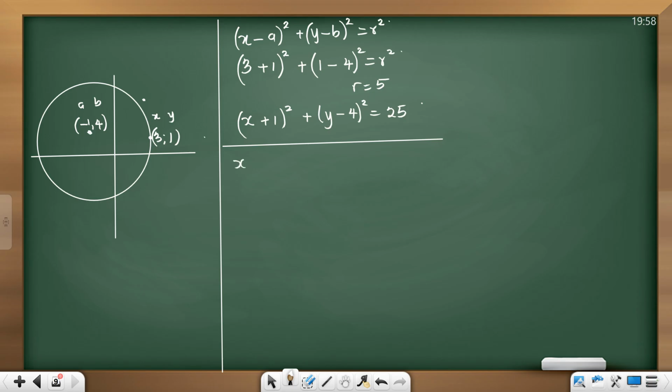So you have x squared plus 2x plus 1, y squared minus 8y plus 16, minus 25 equals 0. So x squared plus 2x plus y squared minus 8y, 1 plus 16 is 17, minus 25 is minus 8.